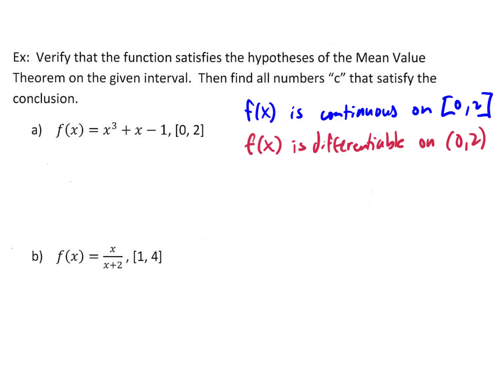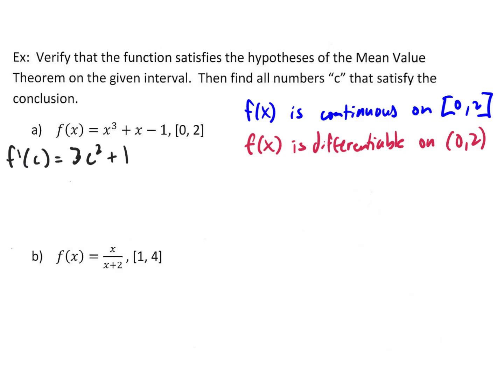And so then what we have to do is find the derivative, which is the instantaneous rate of change, the slope of the tangent line, and also the slope of the secant line, which is just the normal traditional slope, y2 minus y1 over x2 minus x1. But in this case, f of b minus f of a over b minus a.